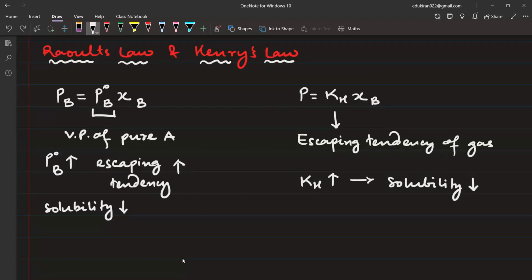But in Raoult's law, both of them are liquids, and Henry's law is for any volatile substance.